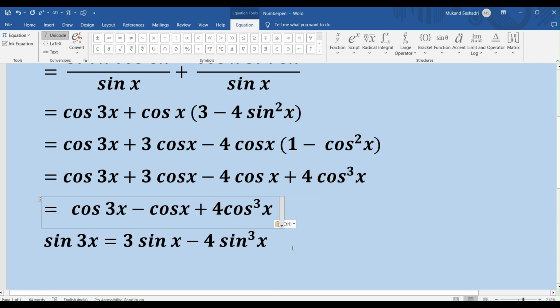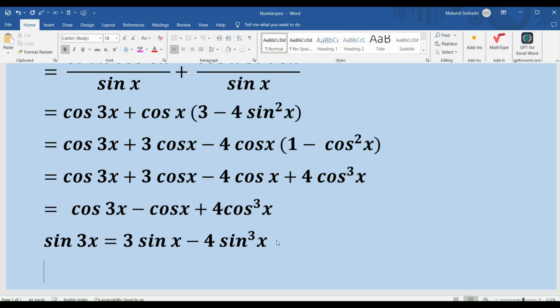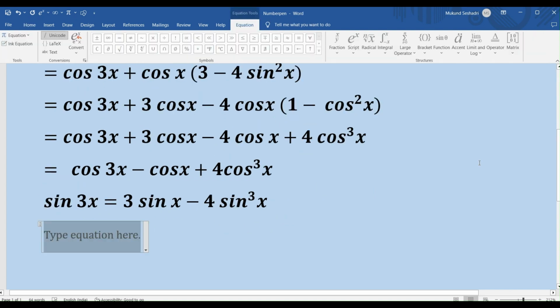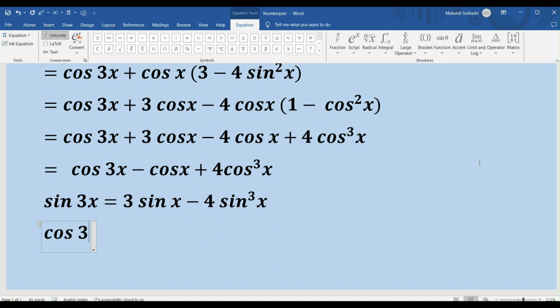I'm going to use a very similar identity here. And what is that? My cos 3x, what is it? It is nothing but 4 cos cube x minus 3 cos x, right? This is an identity that I'm expected to remember.